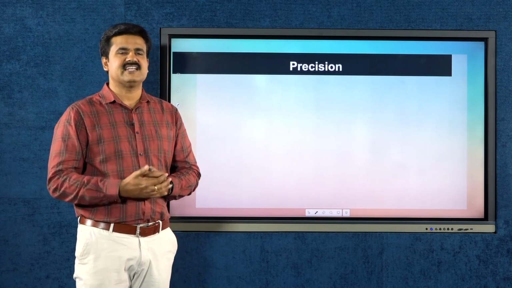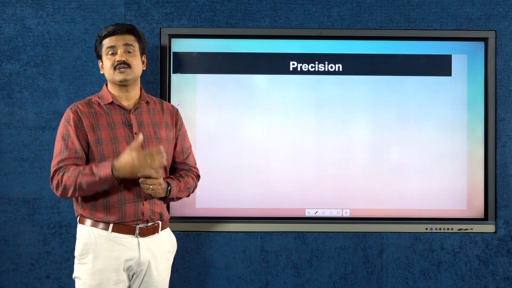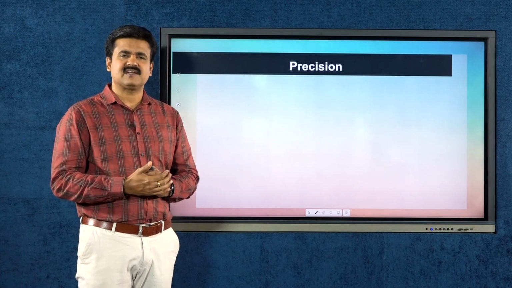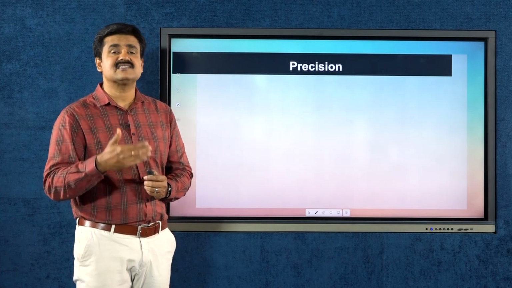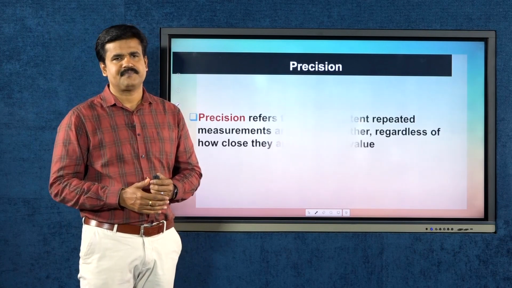Now, we are considering another important aspect which is closely related to the concept of accuracy. This is also important as far as quantitative chemical analysis is concerned. The concept is nothing but precision.